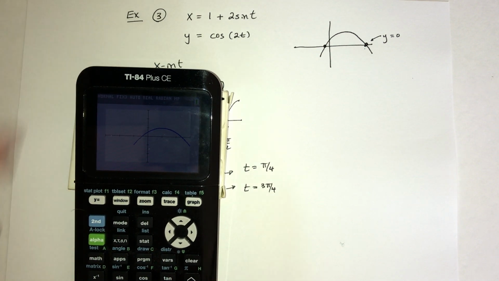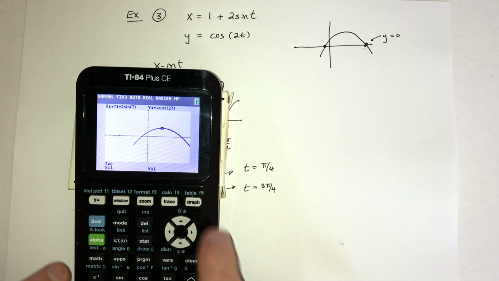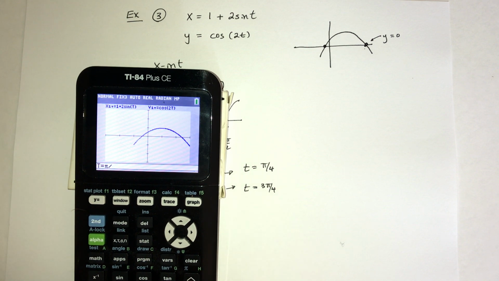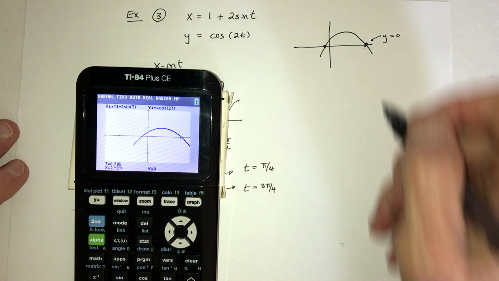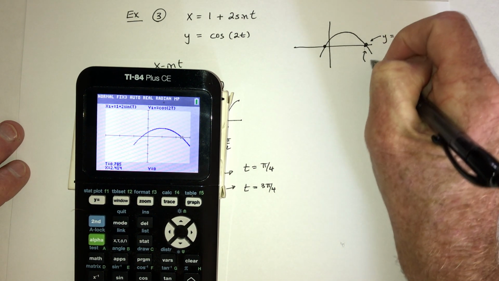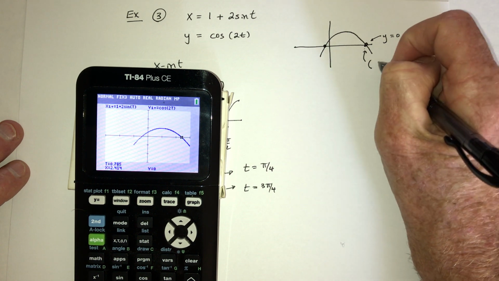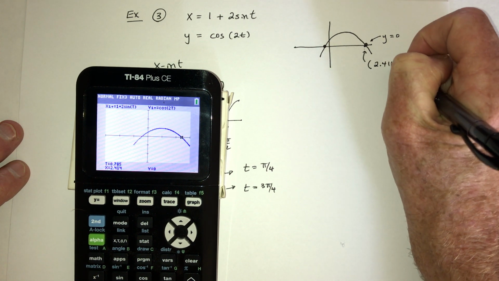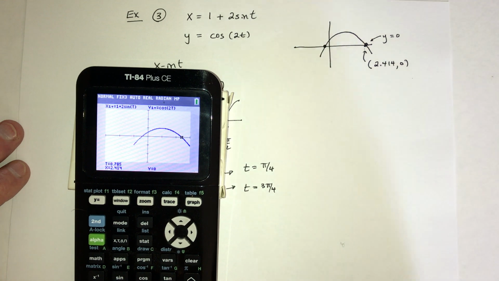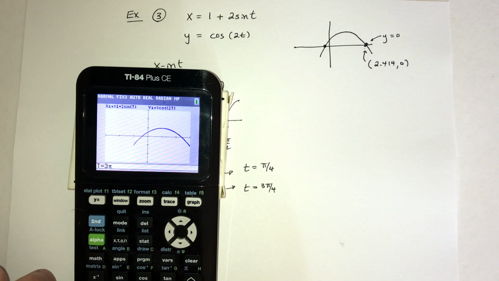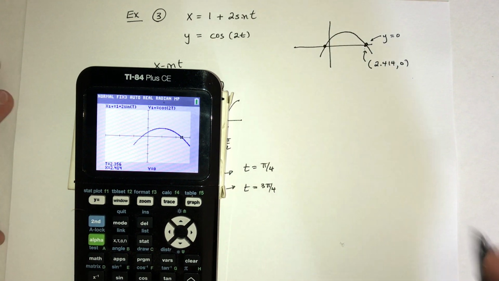So plug in t equals pi over 4. Trace pi over 4. So this point right here is x equals 2.414 and the y value equals 0. And then use 3 pi over 4. 3 pi divided by 4.